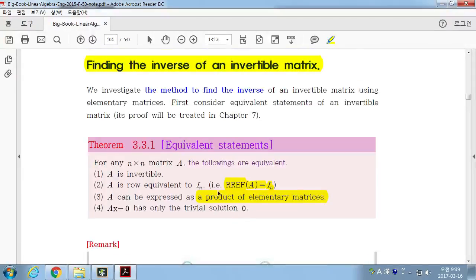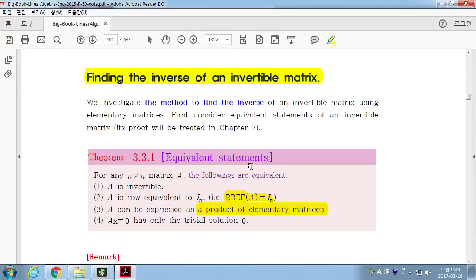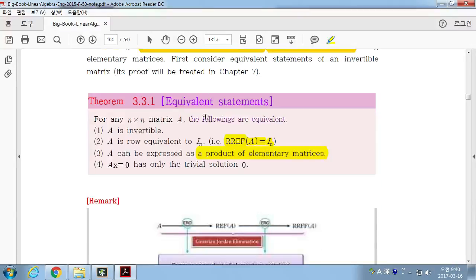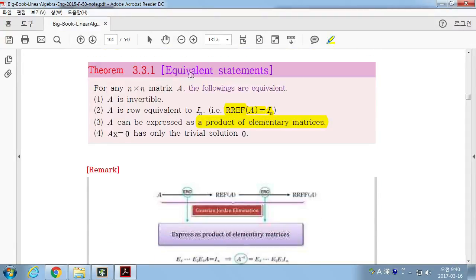Okay, with those concepts and new terminologies in mind, we will introduce the method of finding the inverse of a given invertible matrix by using elementary matrices. Here, the first property: the following are equivalent.